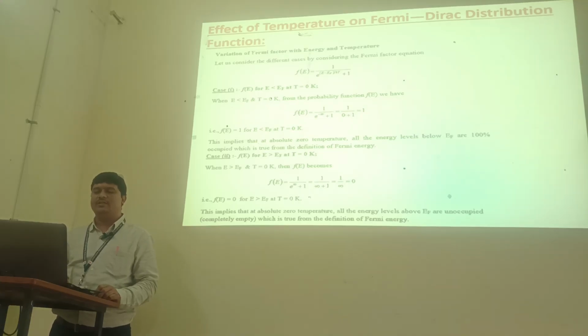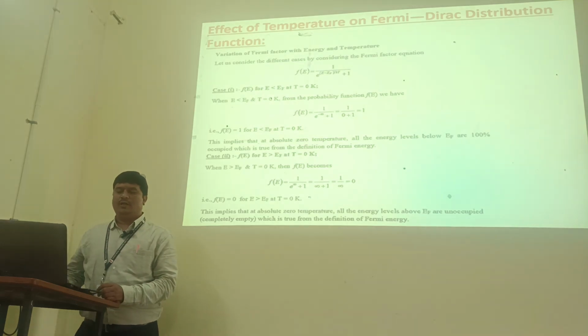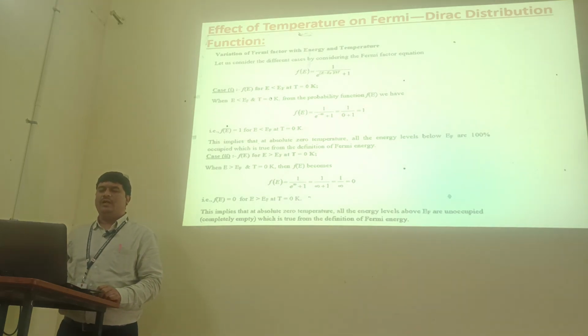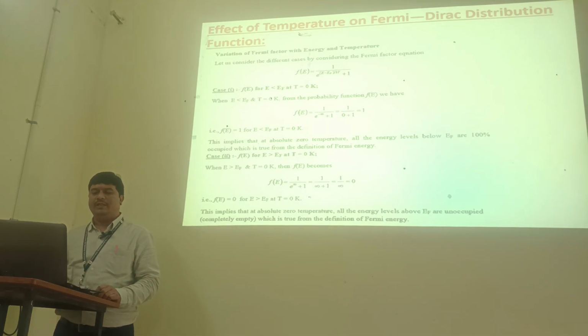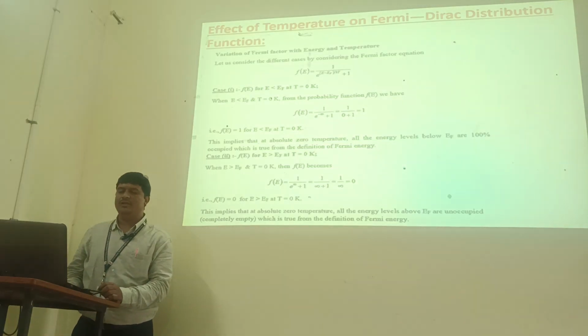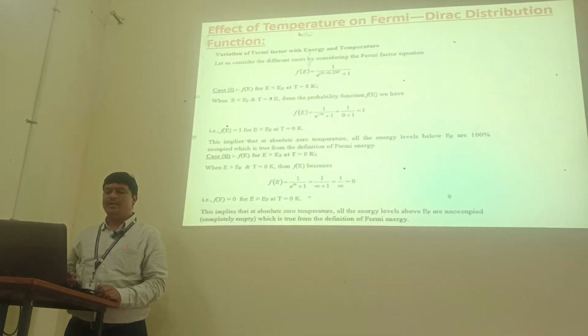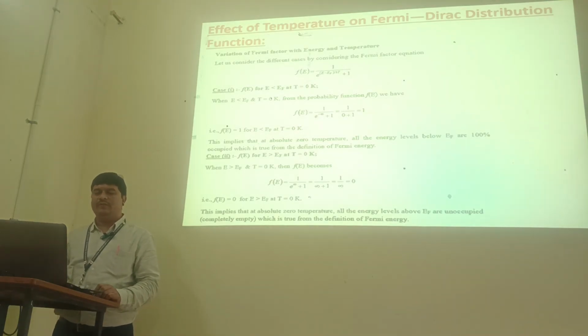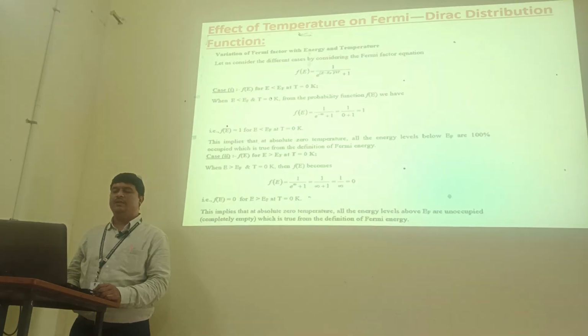There are three conditions. One: f(E) for E less than EF at T equal to 0 Kelvin, then f(E) is 1. That means 100% of electrons will occupy the levels below the Fermi energy level. Second condition: E greater than EF at T equal to 0 Kelvin, then f(E) is 0.